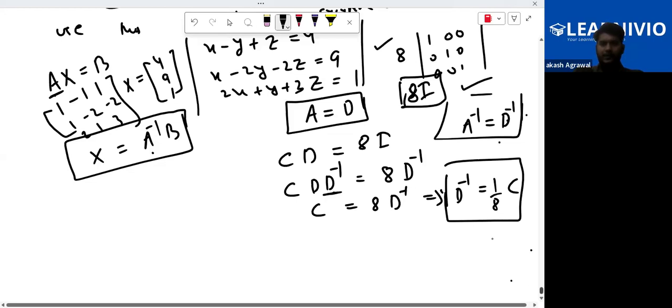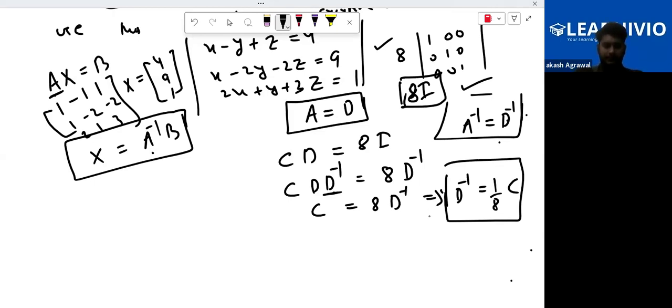Do I need to solve this? You just have to multiply this C matrix with B matrix and you'll get the answer.